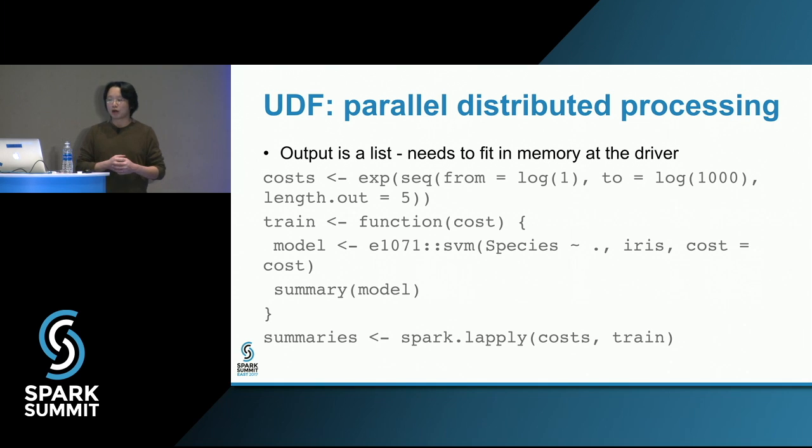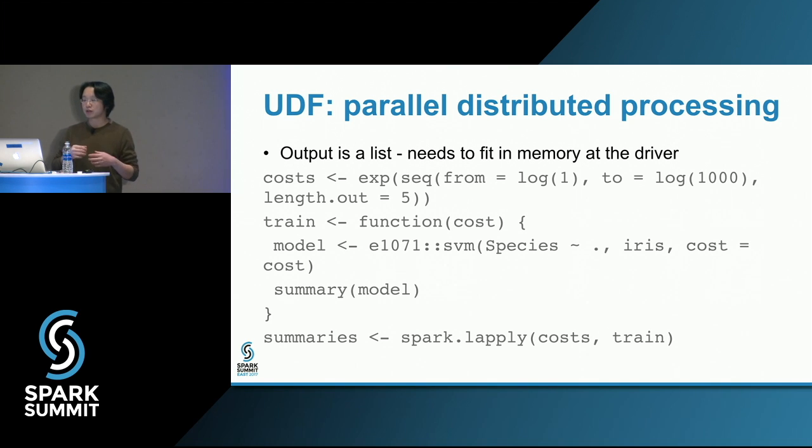So here's an example of how this works. At the very top, we have a series of cost values that we generate. And then we call spark.lapply. This is the function at the end. And then we have this function that we define separately this time. And in this function, we're calling SVM.